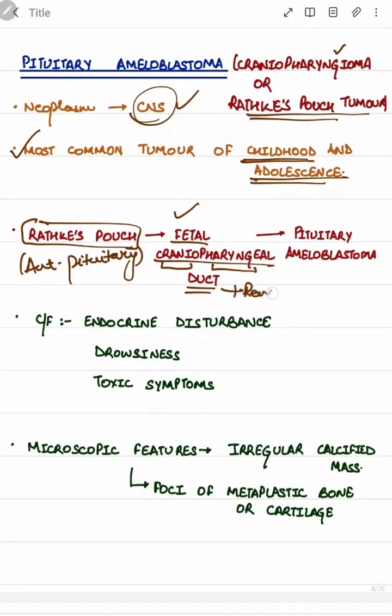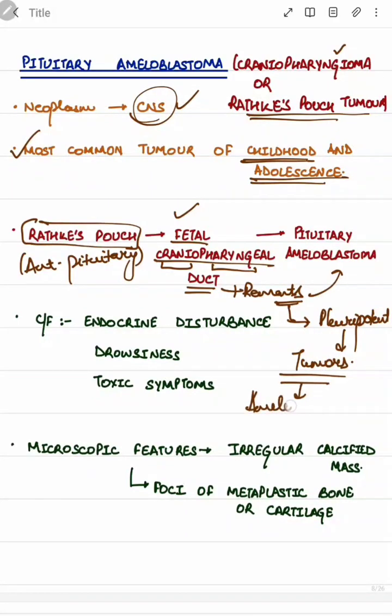Also, the remnants of these ducts can give rise to pituitary ameloblastoma. Now, the epithelial remnants of this duct are pluripotent in nature. The cell rests are pluripotent in nature and may give rise to tumors which are similar to the ameloblastoma of the jaw. That's why the name pituitary ameloblastoma, right?